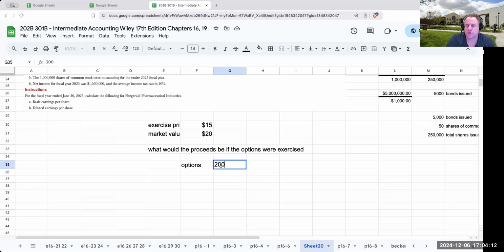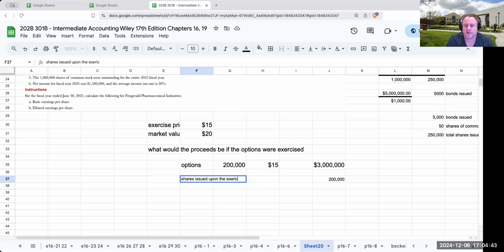My options were 200,000, and if I exercised them at $15 per share, the company would be receiving proceeds of essentially $3 million. And this is how many shares are issued upon the exercise of options.